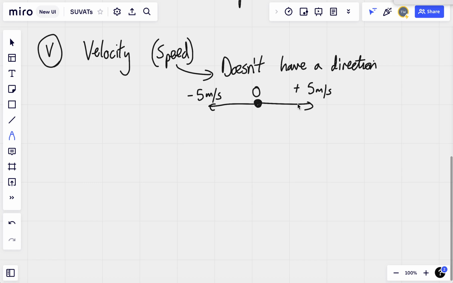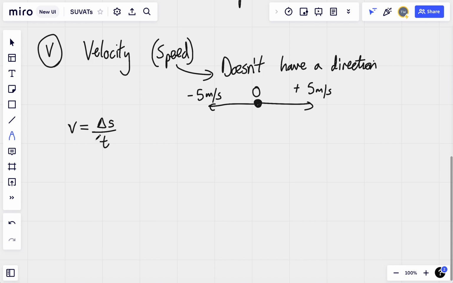Okay. Now, velocity, which is something you should already know, is change in displacement or change in distance over t. We know this because at GCSE you would have used that speed is distance over time. However, we now need to use velocity is displacement over time, or change in displacement over time.